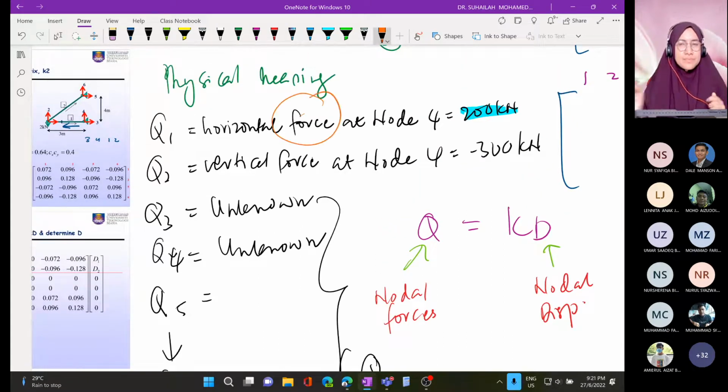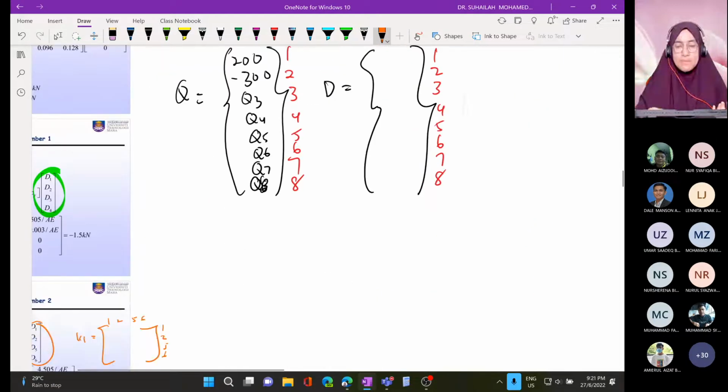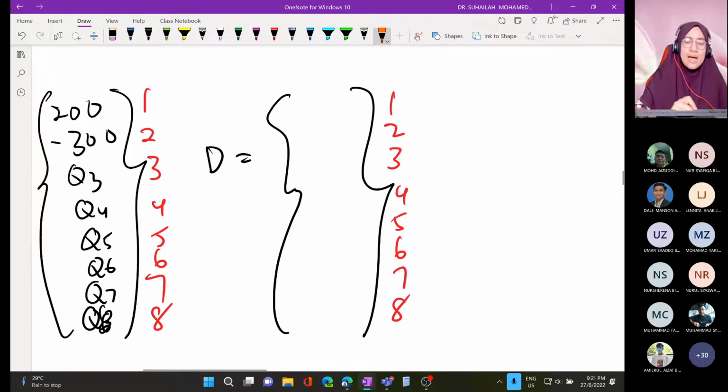Ubah kat sini je. D2 is the horizontal displacement at node number 4. It is an unknown displacement, right? So this is D1 and D2.